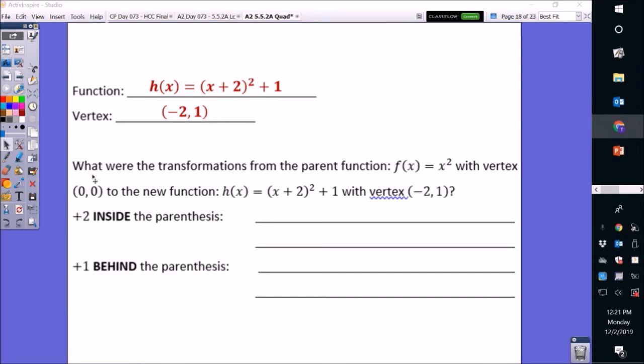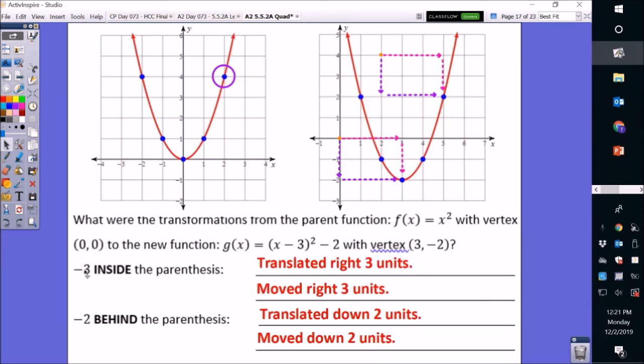So let's take a look at the question here. What were the transformations from the parent function f of x equals x squared with vertex 0, 0 to the new function h of x equals the square of x plus 2 and then plus 1 with vertex negative 2, 1? The first part is plus 2 inside the parenthesis. If we compare the previous example, where it says minus 3 or negative 3 inside the parenthesis, we describe the transformation as translated right 3 units.